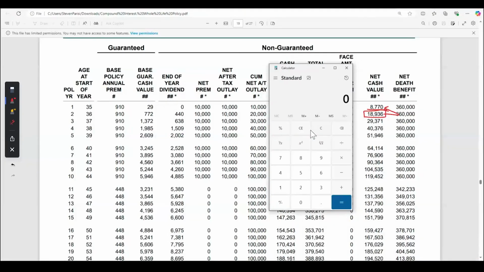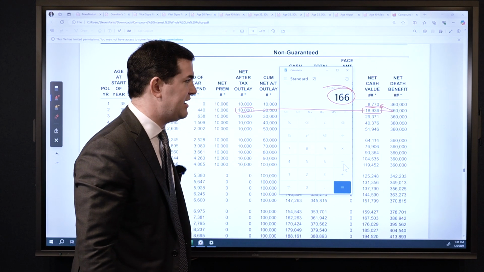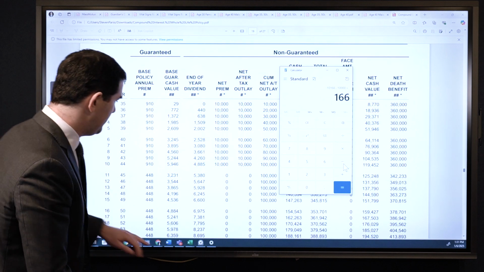Let's do it just like this. 18,936 minus 8,770 equals $10,166. But then we also want to subtract our second year payment. So then I would also subtract 10 grand, and that's what I actually earned in the second year, $166. So that's how I calculate the second year cash value growth.